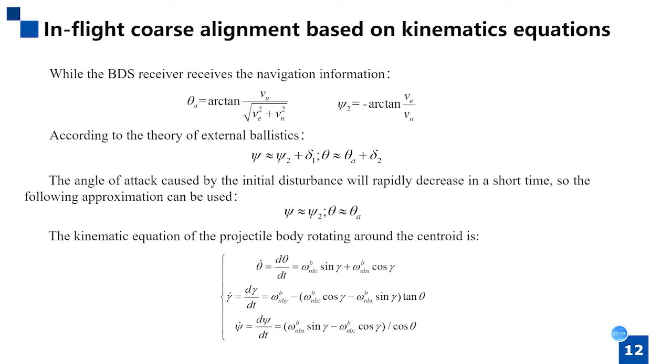By the theory of external ballistics, the angle of attack caused by the initial disturbance will rapidly decrease, so the following approximation can be used. Meanwhile, the kinematic equation of a projectile body rotating around the centroid tells us the relationship between the gyro output and the attitude of the projectile.